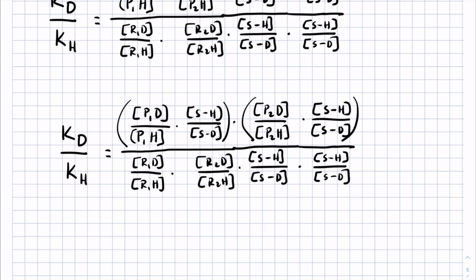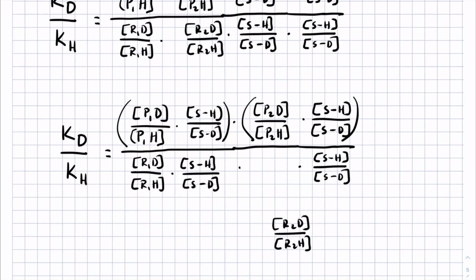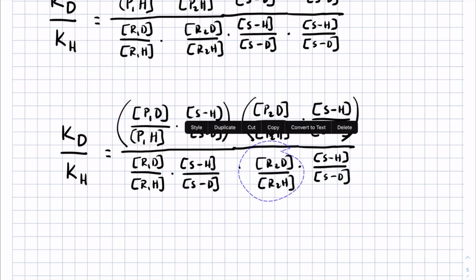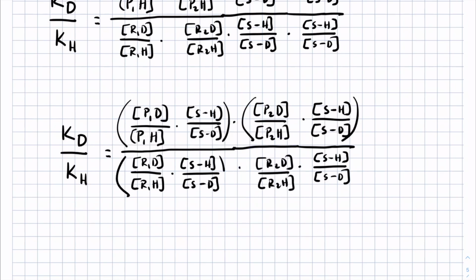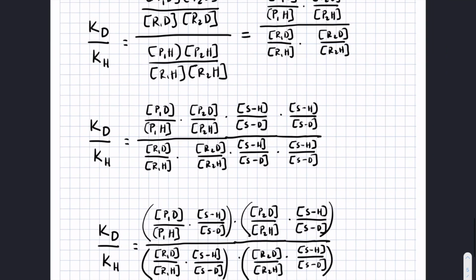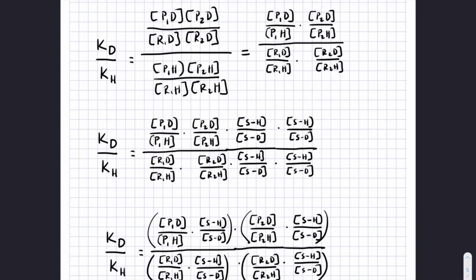And then we'll do the same thing here. Okay, and all of that is equal to the ratio of our equilibrium constant in deuterium versus our equilibrium constant in hydrogen.